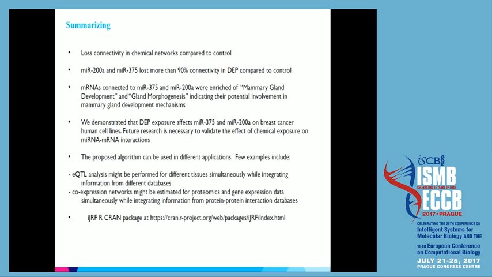So we have a loss in connectivity, and in cancer, many times we have a loss in connectivity compared to control. In control, you have these processes that are involved, and then you get a disease or you get chemical exposure, and those interactions just break.